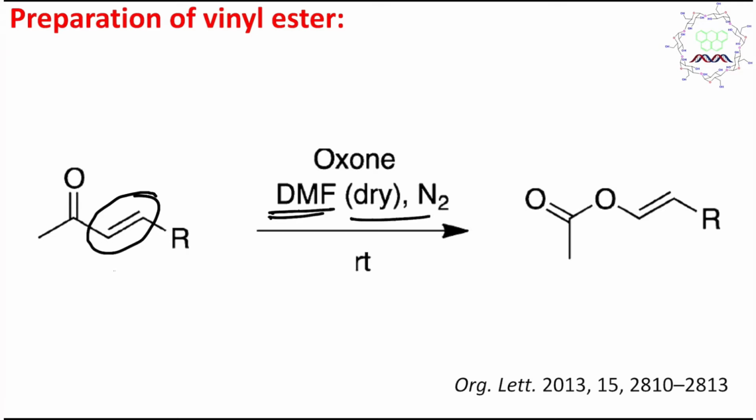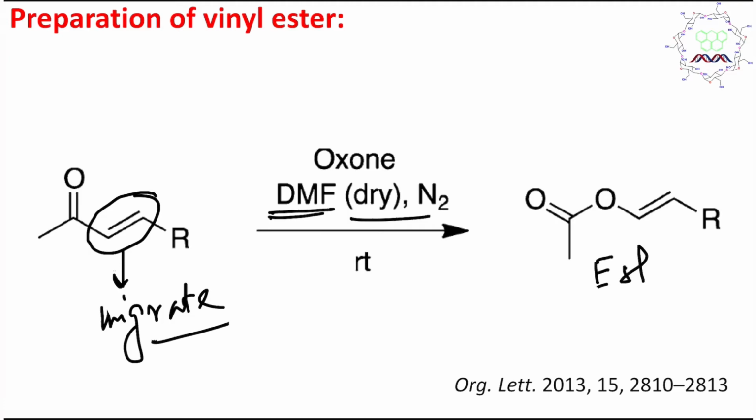So this part will migrate, meaning the vinyl part will migrate, and ultimately it will result in a vinyl ester derivative. So please clear this concept. In the case of an aldehyde, by changing the solvent, if you take alcohol it will result in the corresponding ester of the alcohol.